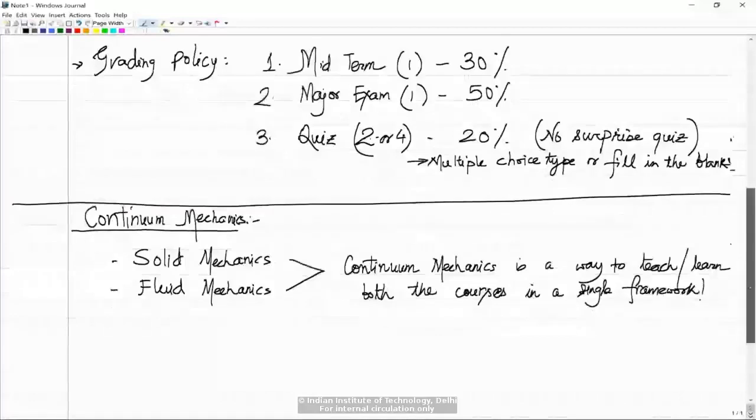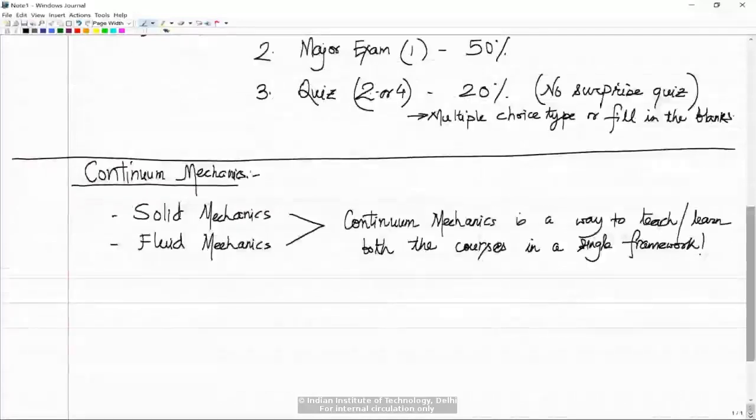See, as the name suggests, it's the mechanics of continuum. Okay, so this continuum is the keyword here. And what does it mean? So, of course, literally it means continuous, right? Continuum, something which is continuous. There is no gap. It's all continuing.